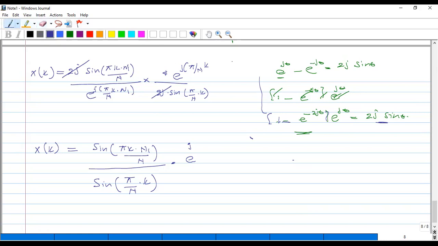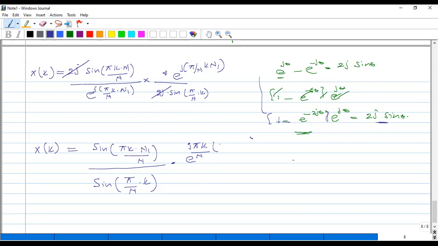So e to the j theta 5k n1 divided by n. I have j, 5 is common, k is common and n is also common.